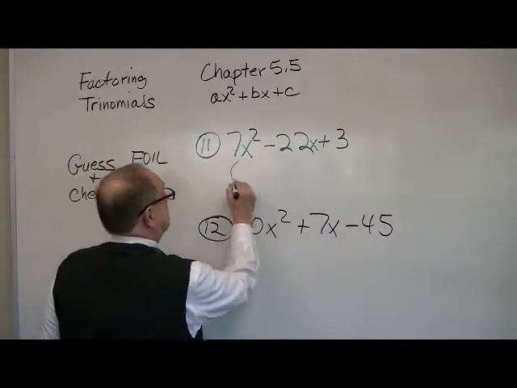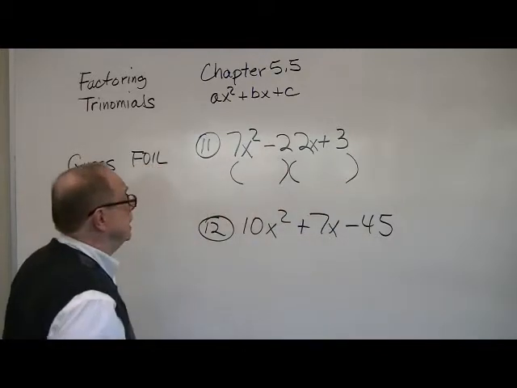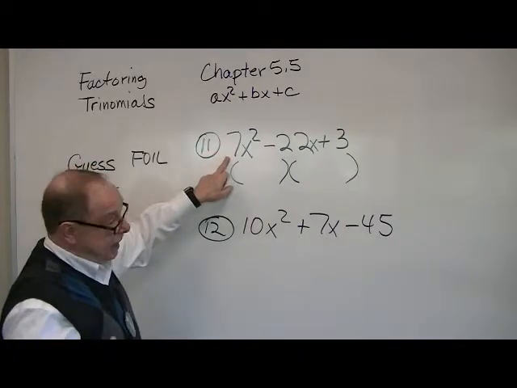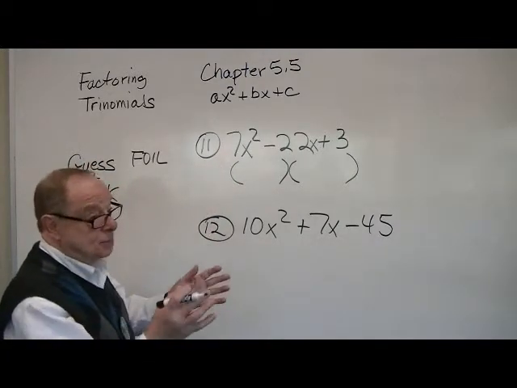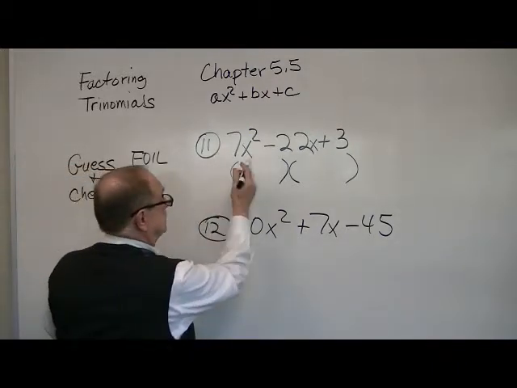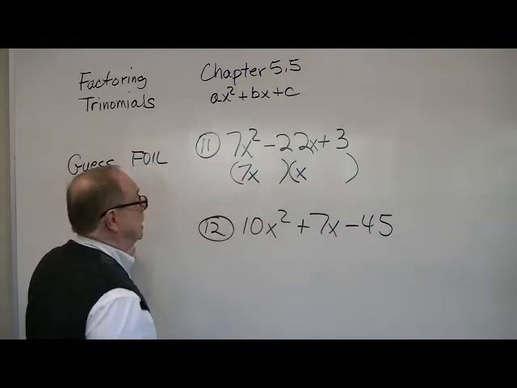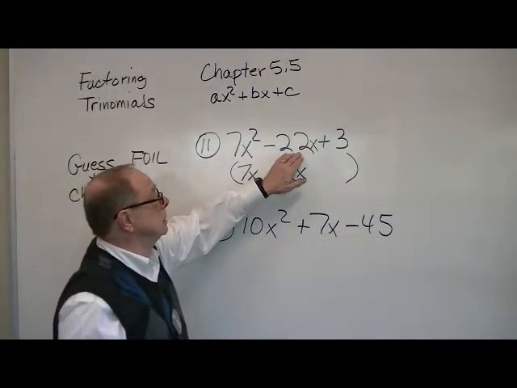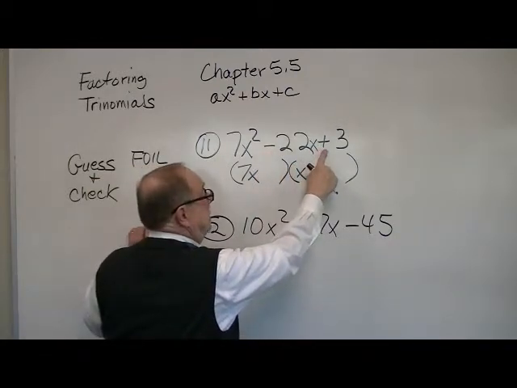Well, we're strongly suggesting that you put two sets of parentheses under, and then you look at the A term, and it's prime. That's kind of good, because if it's not prime, then it gives you more sets of possibilities to guess and check. But in this one, it's prime, so it's going to be 7x and x. Now you're looking for a 22 in the middle. And then you also notice that this side is negative, this side is positive.